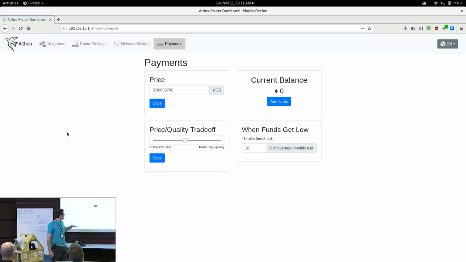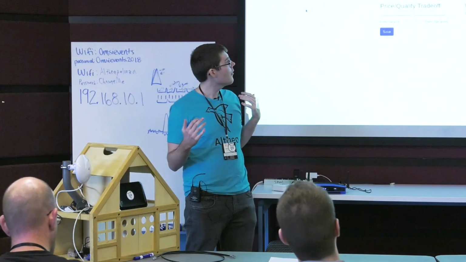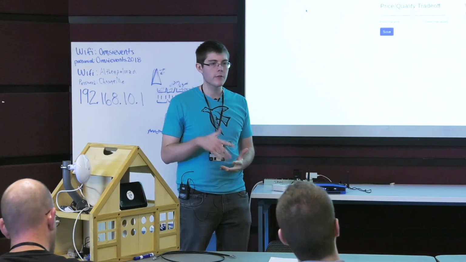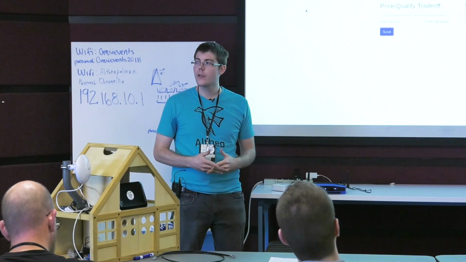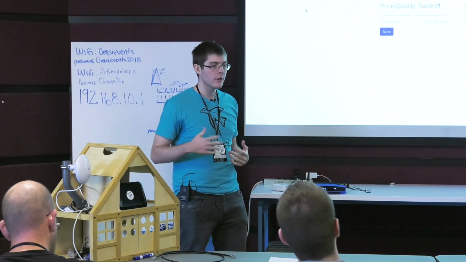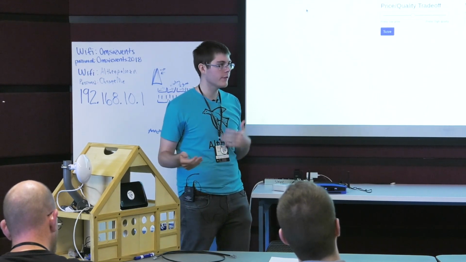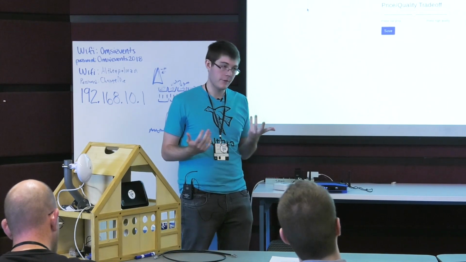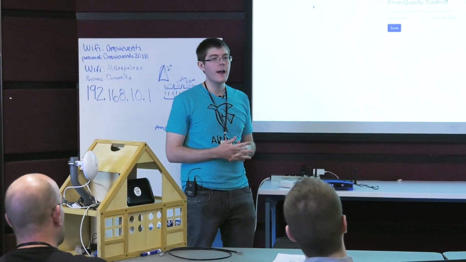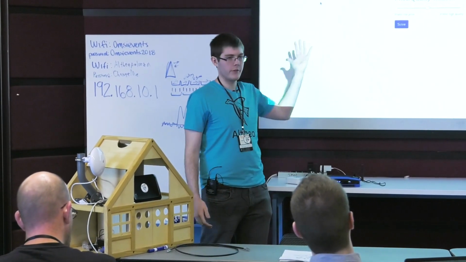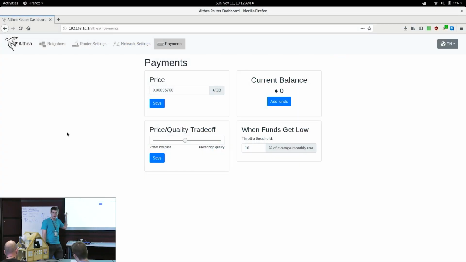Now below here, we have the price-quality trade-off. If you have two routes and one of them costs 10% more, but has a 15% better route quality, do you want it versus the one that costs 10% less, but has 15% less route quality? This is decided by where you put this slider. If you put it all the way to prefer low price, you're always going to take the cheapest route, even if it's very poor.